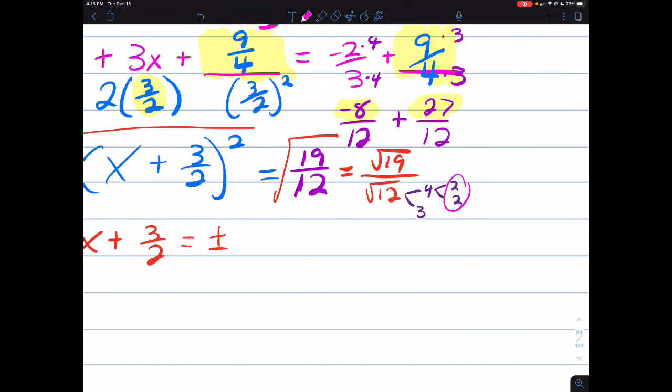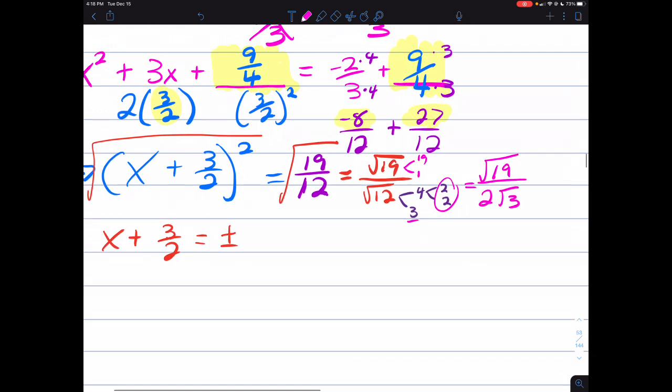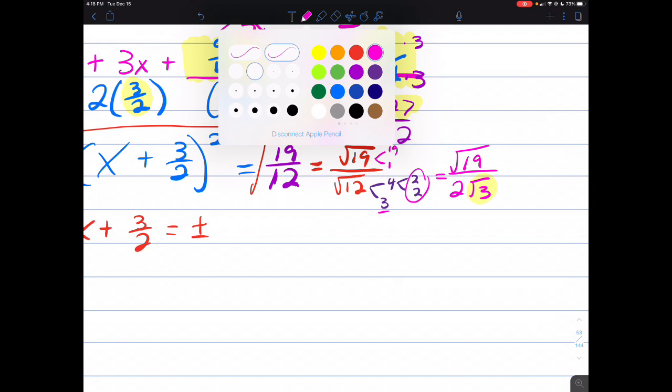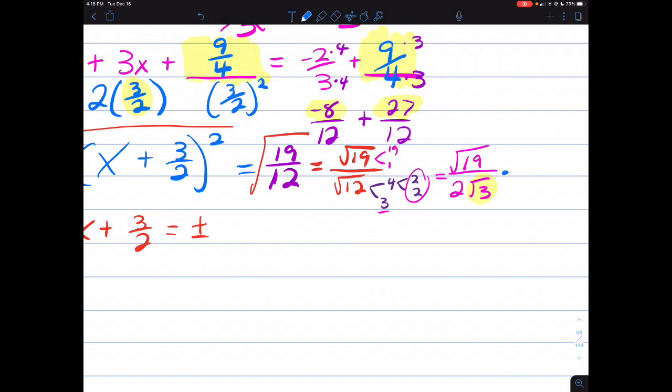So we can factor out a 2. So 2 on the outside with a 3 left over. 19 is prime. It's just 19 at 1, so it's going to stay in the house. And we can't have a radical in the denominator, so we're going to multiply by the square root of 3 on top and bottom.